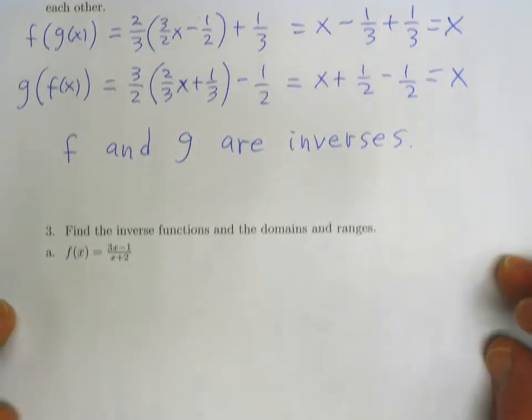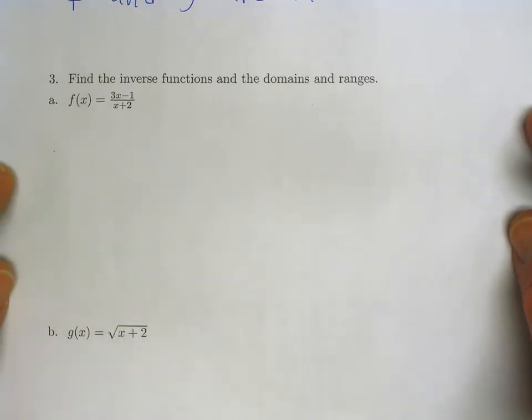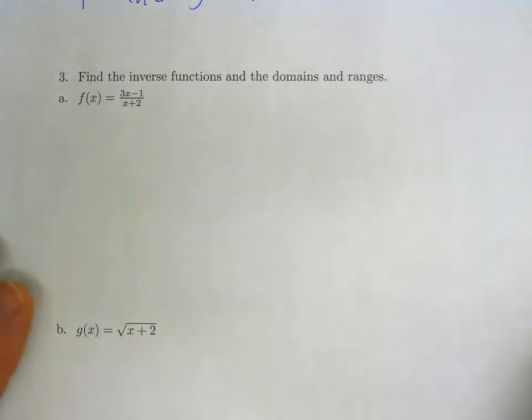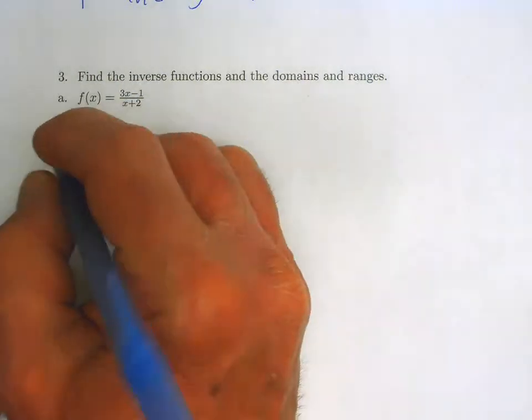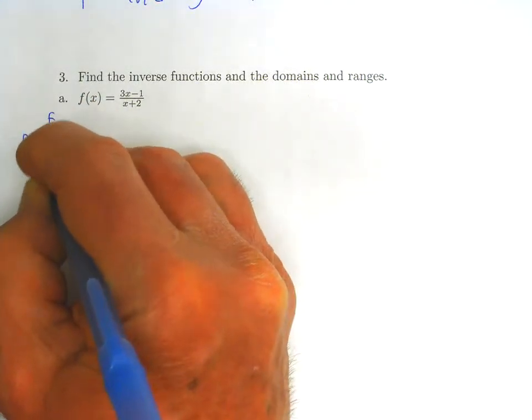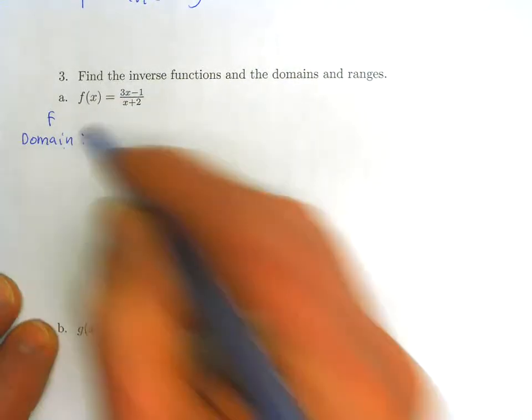Okay, in number 3, we find the inverse functions. In part A, find the inverse and the domains and ranges. So for f, since it's a rational function, we can tell by looking what the domain is.